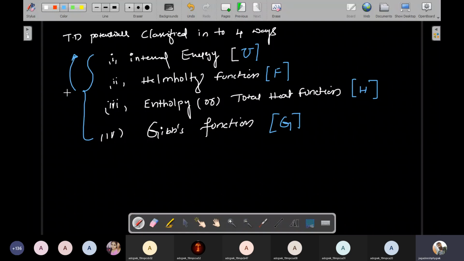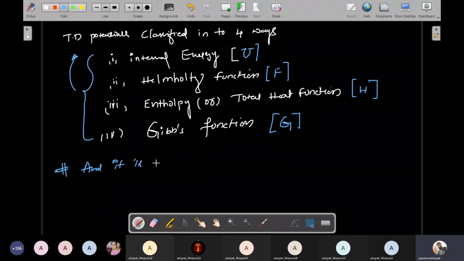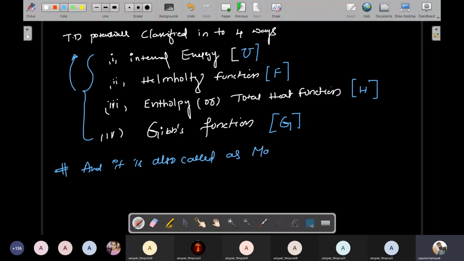We will derive each thermodynamic potential, and it is also called Maxwell's equations, very important point, also Maxwell's potentials or Maxwell's equations.